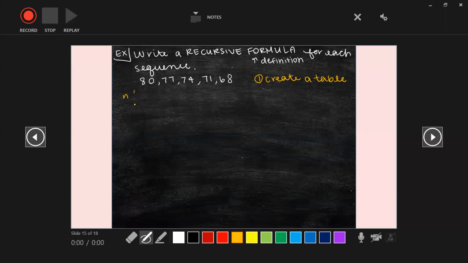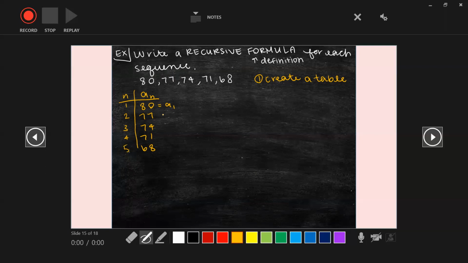So create your table. Then you just go down the line. On the left-hand side here, I'm just going to say, okay, this is my first term, this is my second term, this is my third term, this is my fourth term, and this is my fifth term.